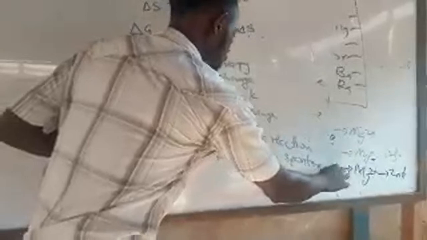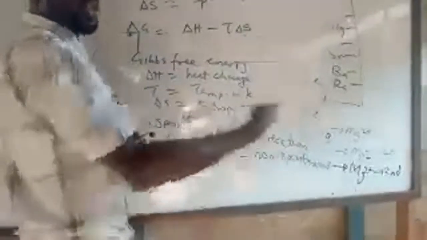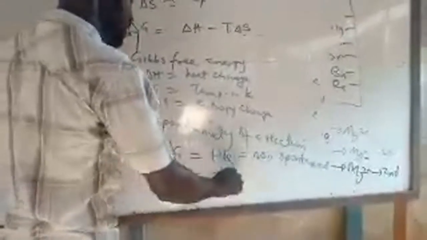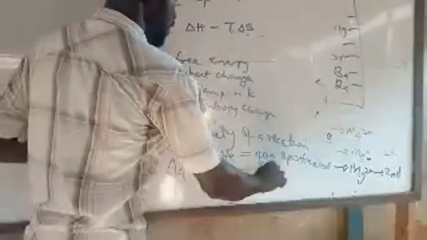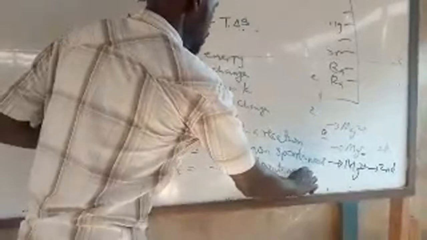Non-spontaneous, meaning such a reaction does not naturally occur. You must add external energy, maybe like heating, to force it to start happening. But when free energy is negative, the reaction can occur on its own. It is spontaneous. Heating is just to increase the rate of reaction.